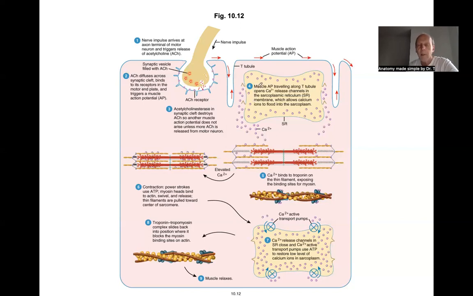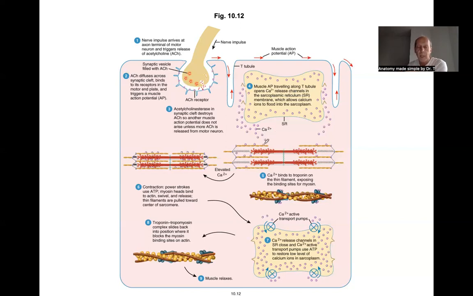In the meantime, the action potential that was generated by this particular muscle on the basis of a localized change in the polarity of the membrane here travels down, it goes even into T-tubules, from T-tubules into the sarcoplasmic reticulum, opening up calcium channels and allowing calcium to move from the sarcoplasmic reticulum into the sarcoplasm.